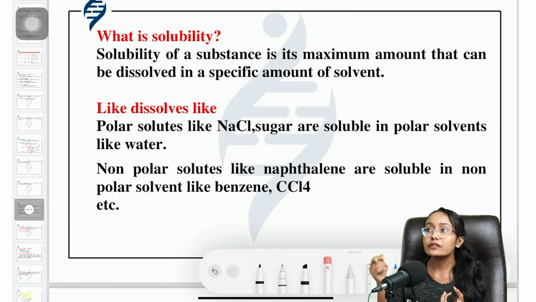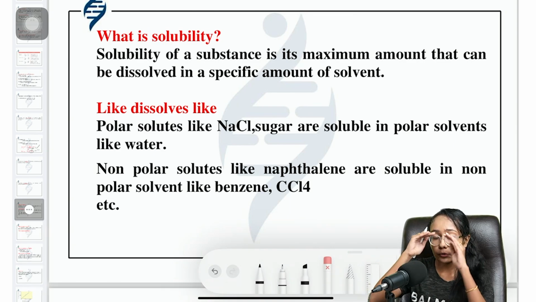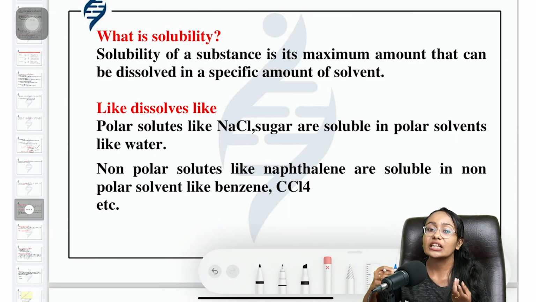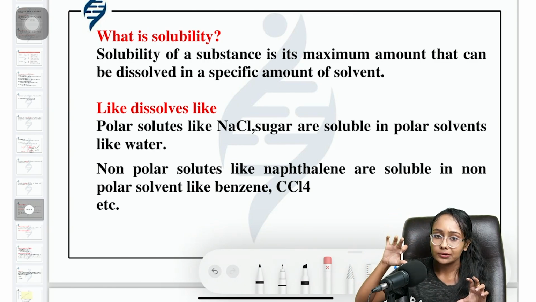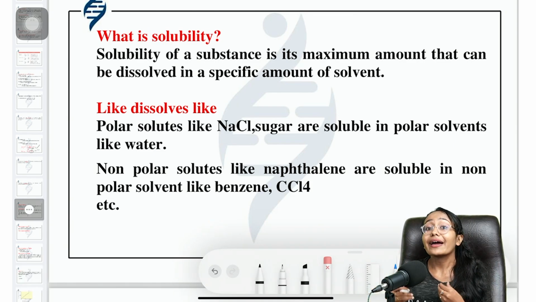So from the point of dissolving the very first spoon of salt into a solvent till the point at which it can't dissolve any more solute or any more salt, that is the solubility of the salt solution. Fine. The solubility of a substance means the maximum amount of solute that can be dissolved in a solvent.